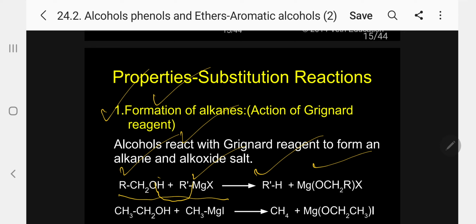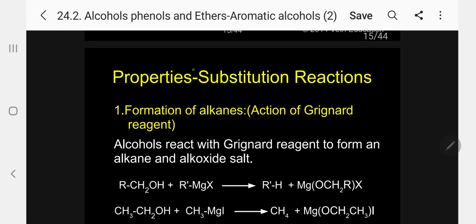For example, you take ethyl alcohol, and when you treat with methyl magnesium iodide, as usual we are getting methane, and the other product is Mg, within bracket ethoxy, and I. So what is the advantage of this method?